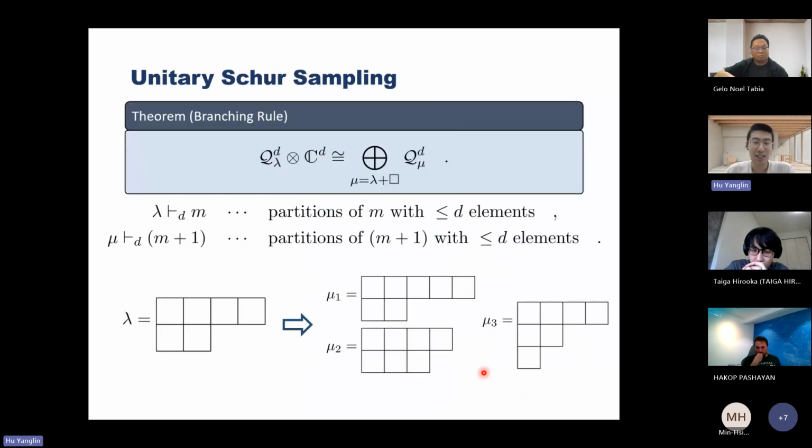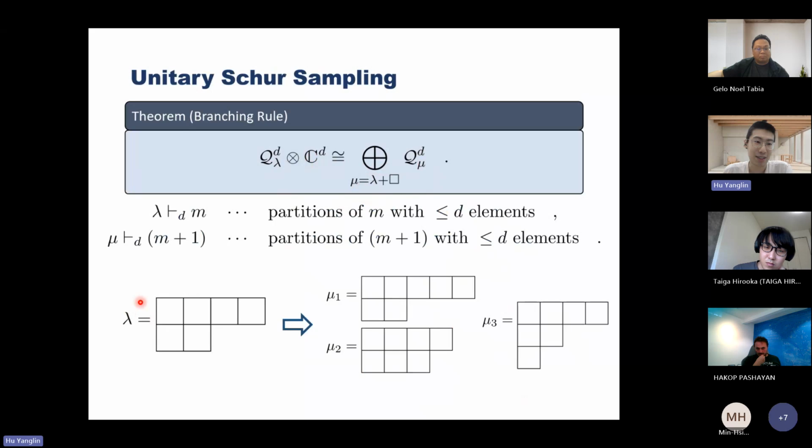Then you can use the branching rule, which means that this Q lambda d subspace, tensor another new fresh state on the C^d Hilbert space, is equivalent to the direct sum of another bunch of Q mu subspaces, where this mu is the original lambda with another box put on it. Maybe let me illustrate this more.